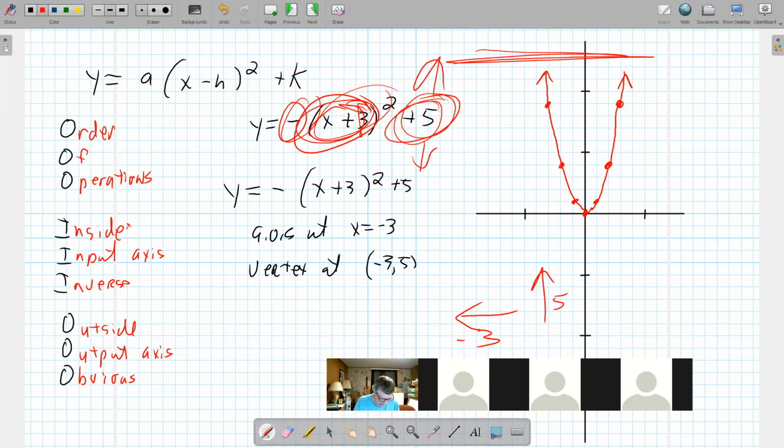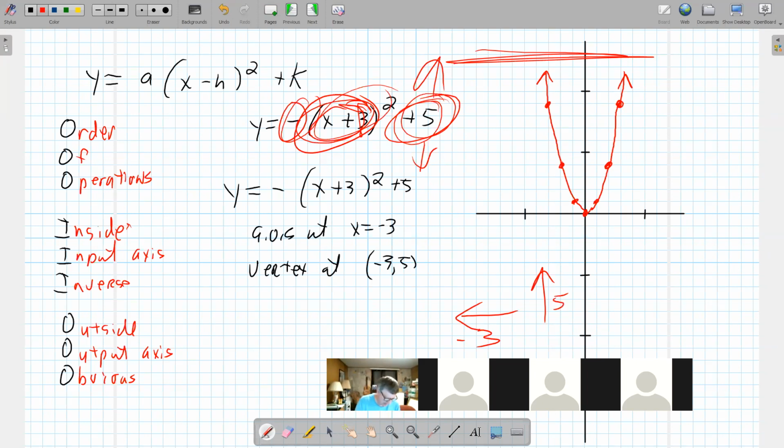Now let's see here. x plus 3 squared plus 5. Now what does that do? It moved it up 5 units.